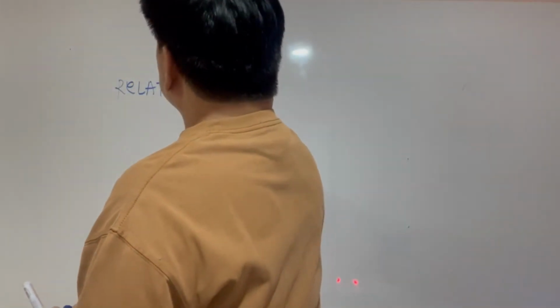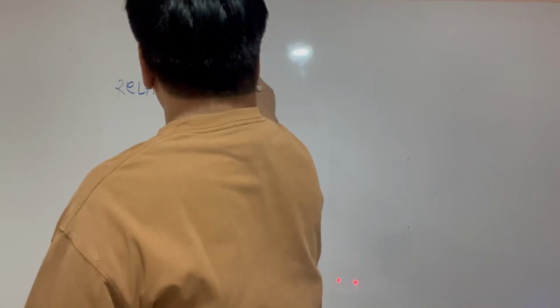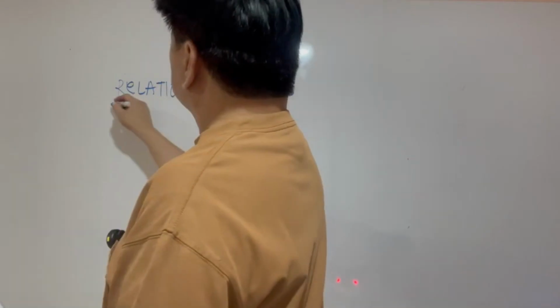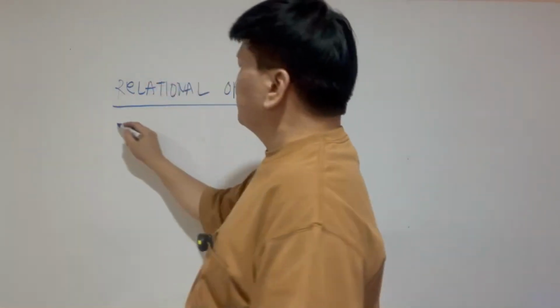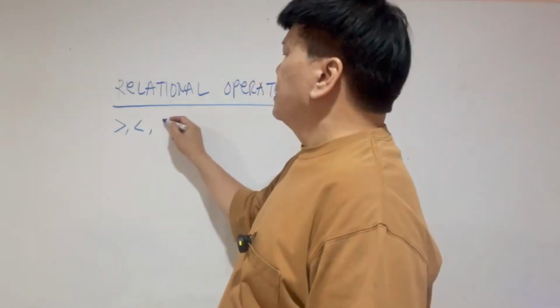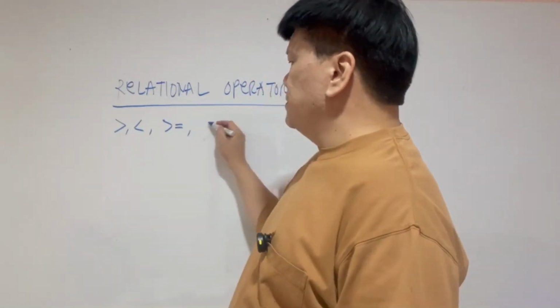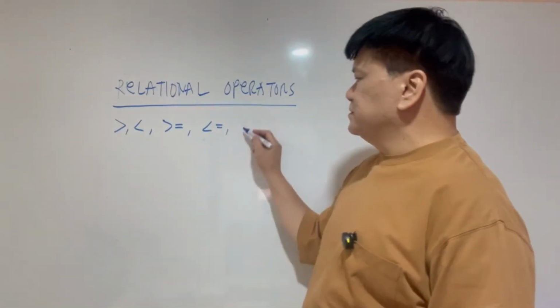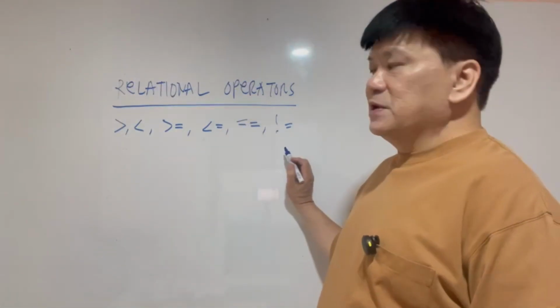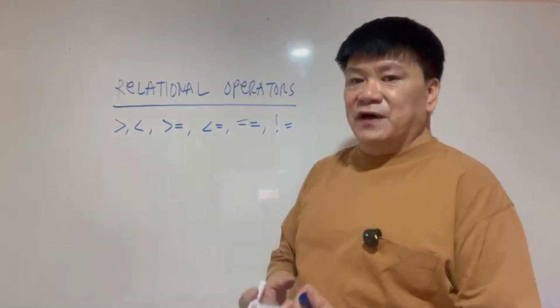What are these relational operators? We have the greater than, less than, greater than or equal to, less than or equal to, and not equal to. So this is comparing values.